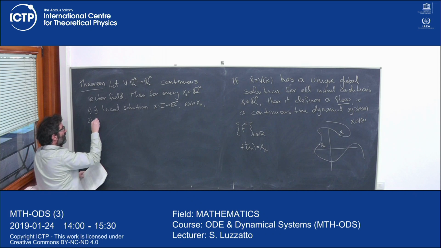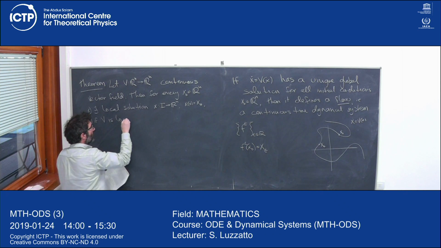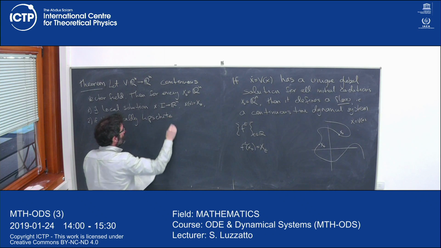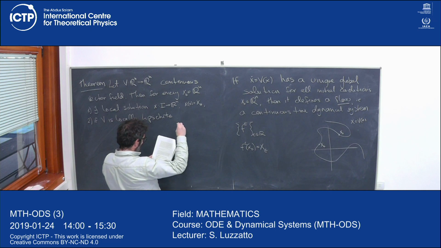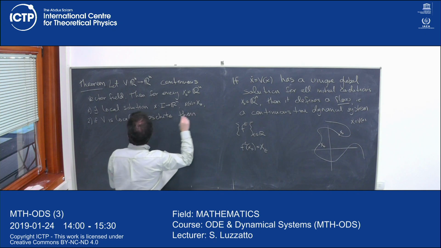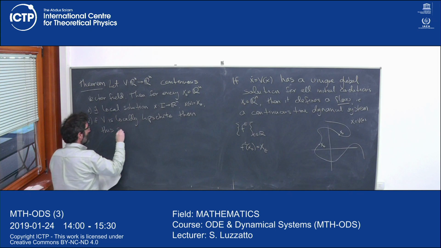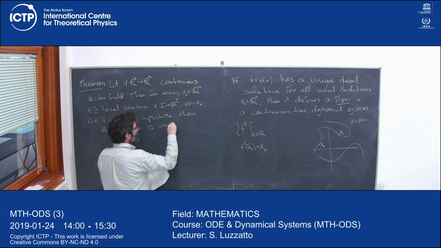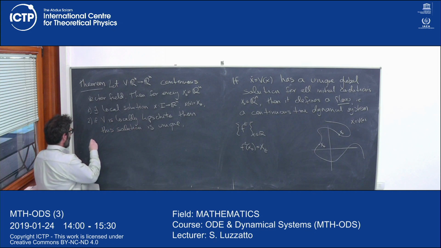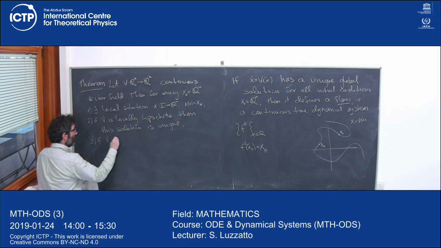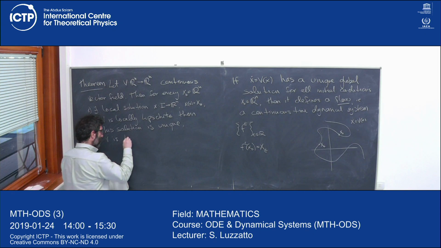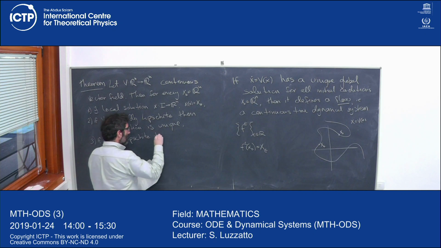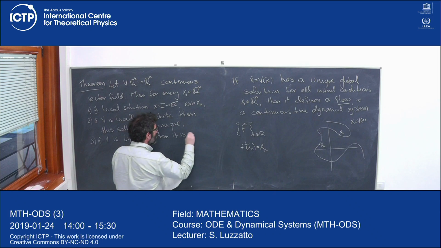2, if V is locally Lipschitz, then this solution is unique. And 3, if V is Lipschitz, then it is a global solution.